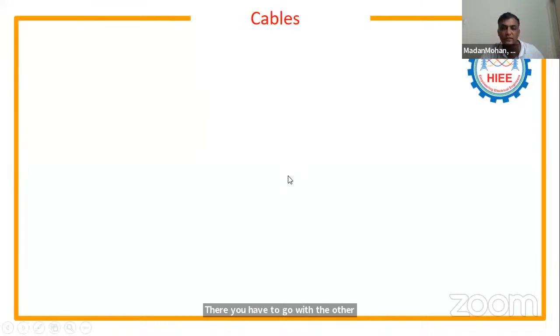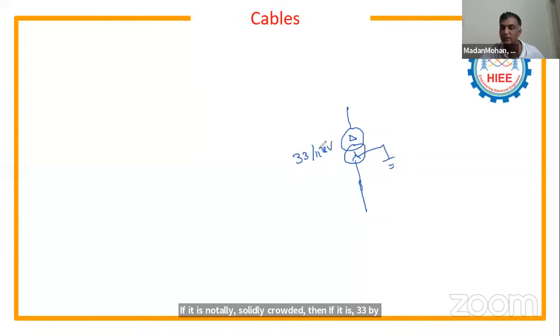And if your system is an unearthed system, for example, you take a transformer. This is a transformer. Let me take this as delta and this is neutral, solidly grounded. If the neutral is solidly grounded, let me take a 33 by 11 kV transformer.